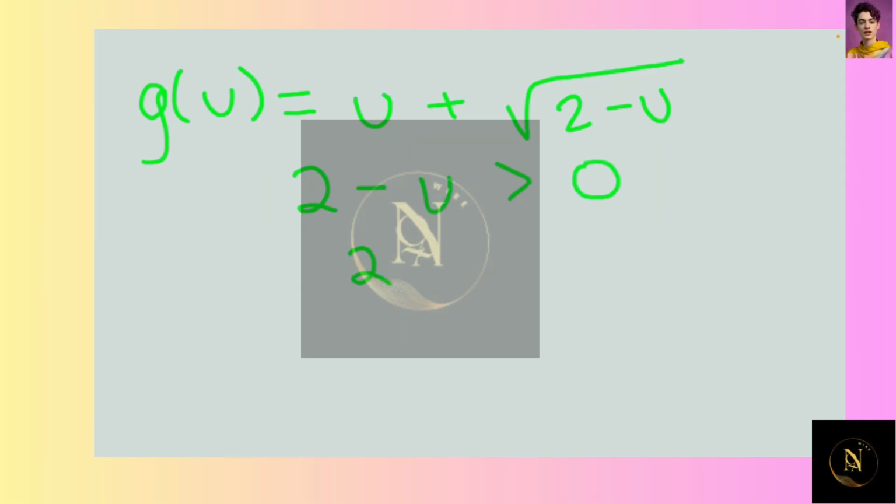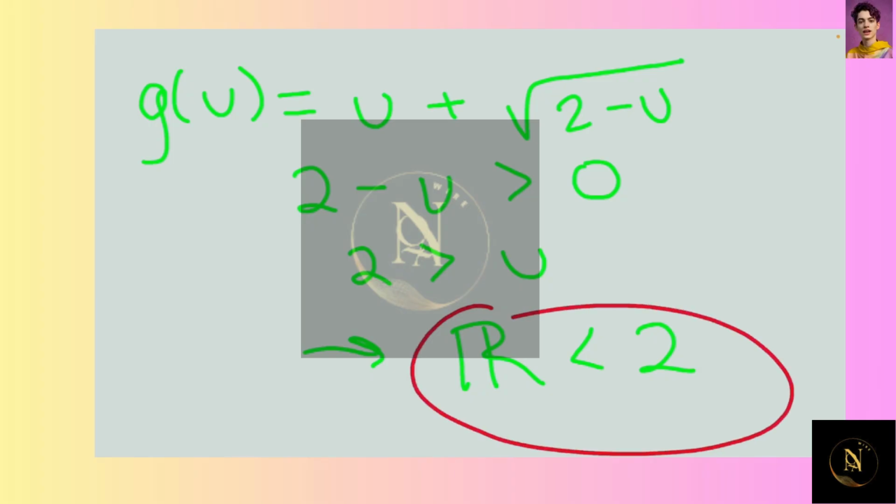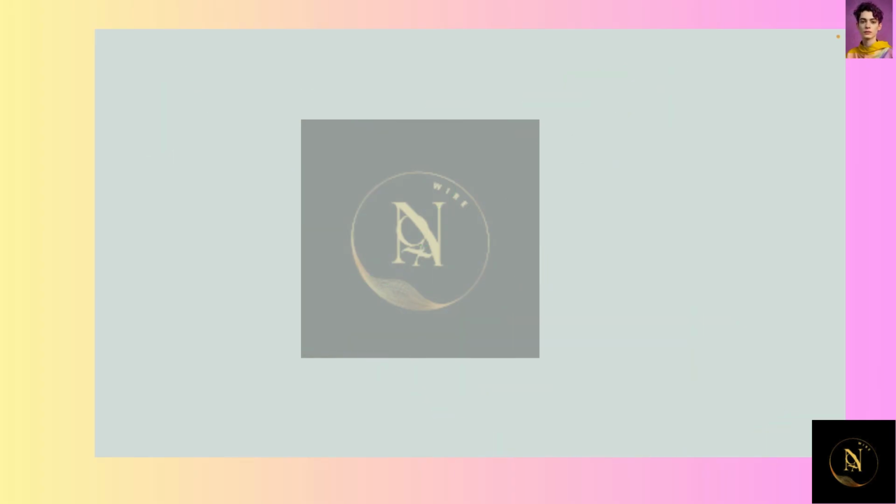And so doing the same thing we did with f of x, we determine that u needs to be less than 2, and so our domain is going to be, again, all real numbers less than 2. Awesome. So we determined that both of our domains are equal, right? Because they're both equal to all real numbers less than 2. So that's half the battle right there.